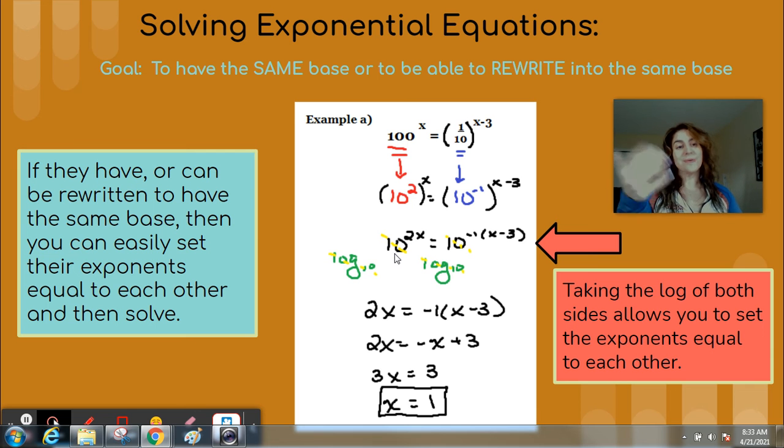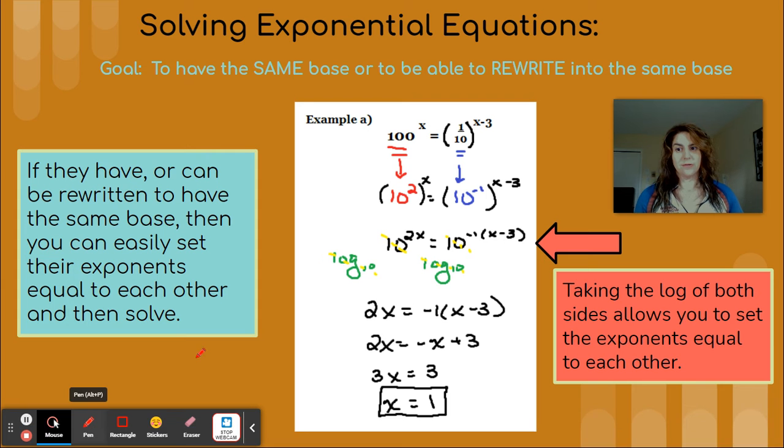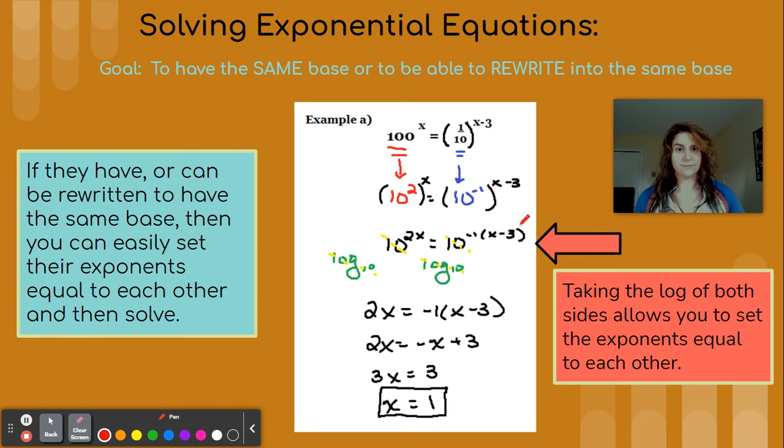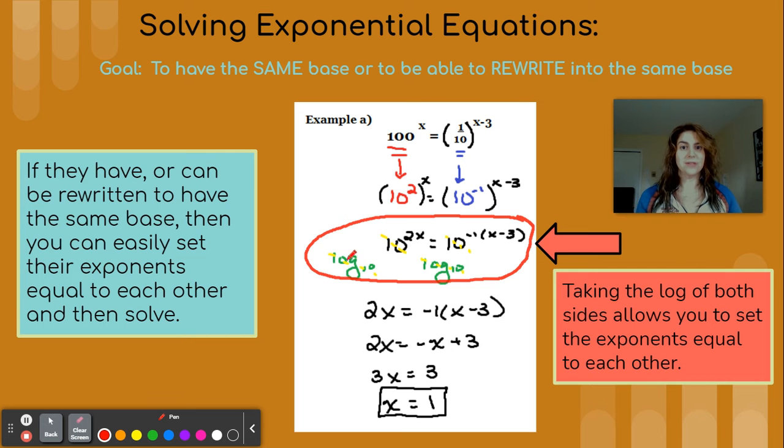So the reason behind that is because of this step right here. If I look in this part, we're actually going to be skipping that when we solve problems with like bases, because log base 10 of 10, or just the common log in this case, will always cancel out with a base 10.